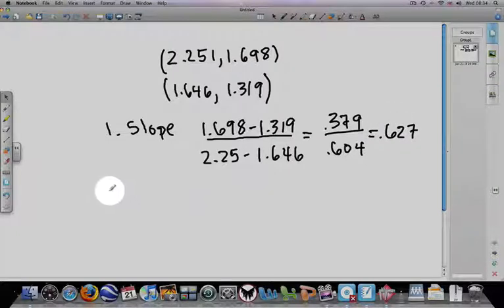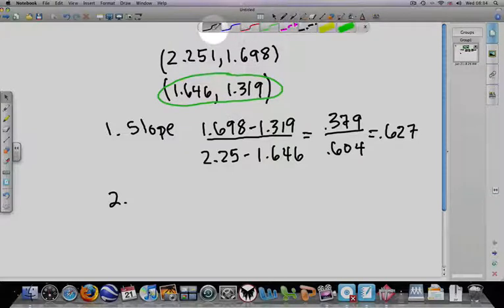Now I need to pick a point that's on the actual line. These 2 points are guaranteed to be on the line, so I'll just pick one of these. It doesn't matter which one. I think I'll pick this point, but you can pick either one.